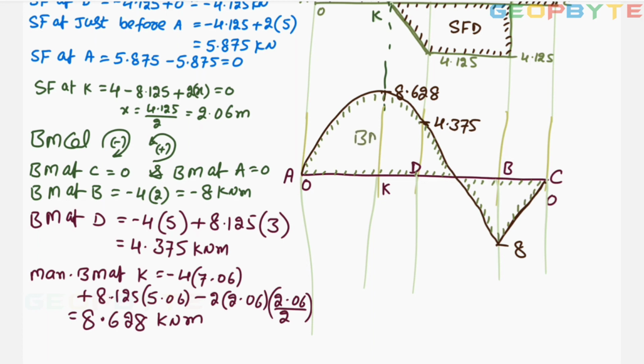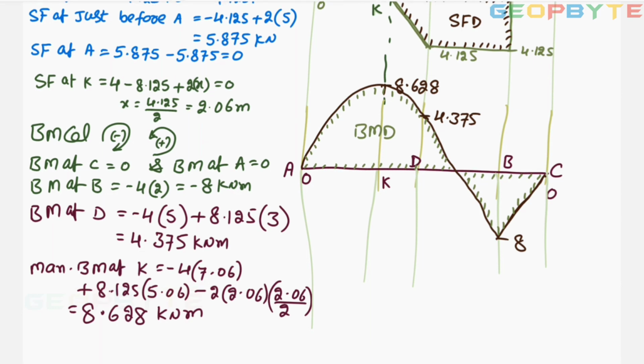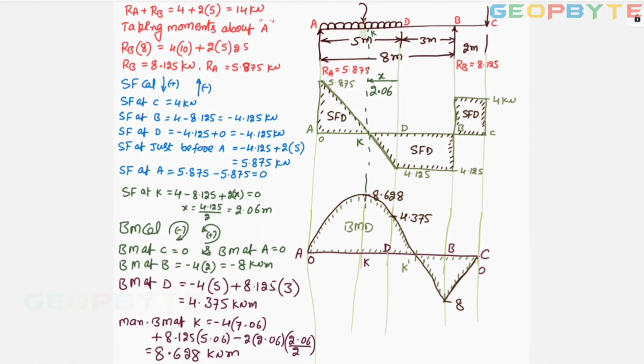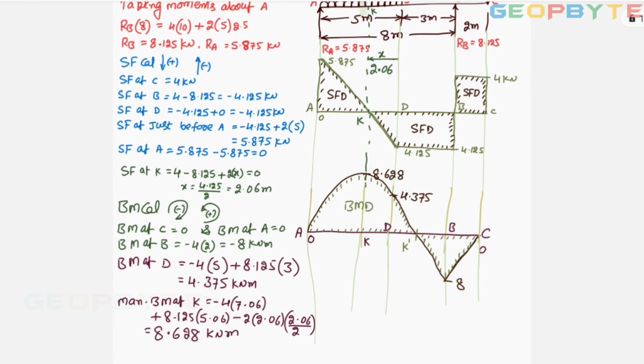This is the BM diagram. As we know, the bending moment diagram is changing its sign from negative to positive or positive to negative somewhere at K dash. At that K dash, the bending moment is 0. That point is called the point of contraflexure.